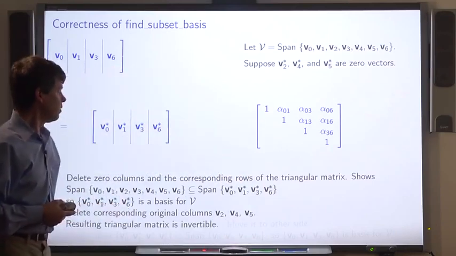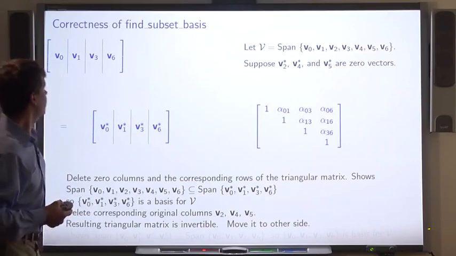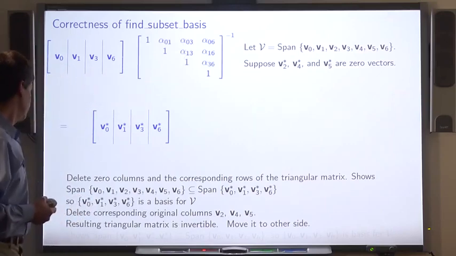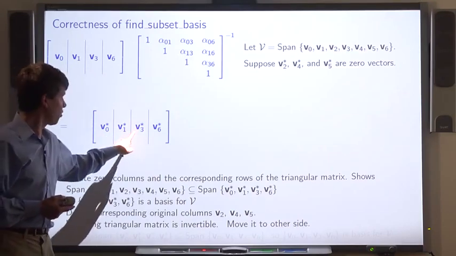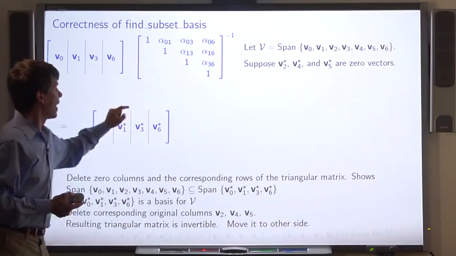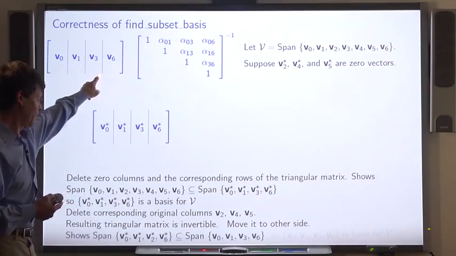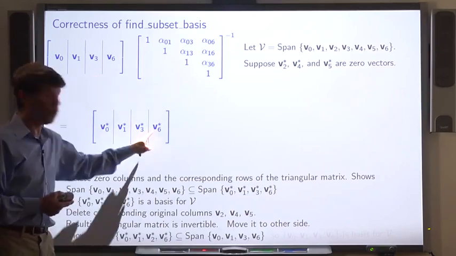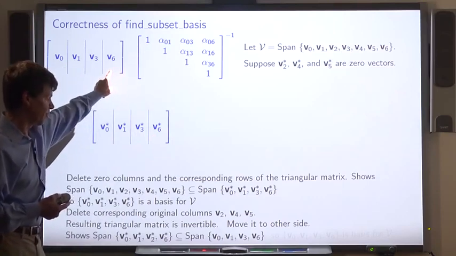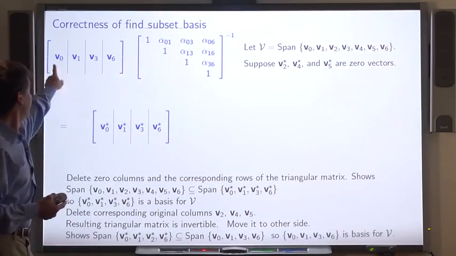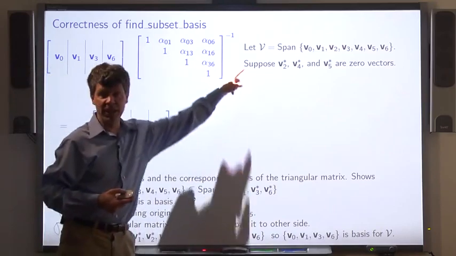So we can move it to the other side, multiplying by the inverse. And we get this relationship. Now, this shows that v0 star, v1 star, v3 star, and v6 star can all be written as linear combinations of v0, v1, v3, and v6. So that shows that these remaining starred vectors are in the span of the remaining unstarred vectors. So that shows that the remaining unstarred vectors, v0, v1, v3, and v6, are a basis for big V.